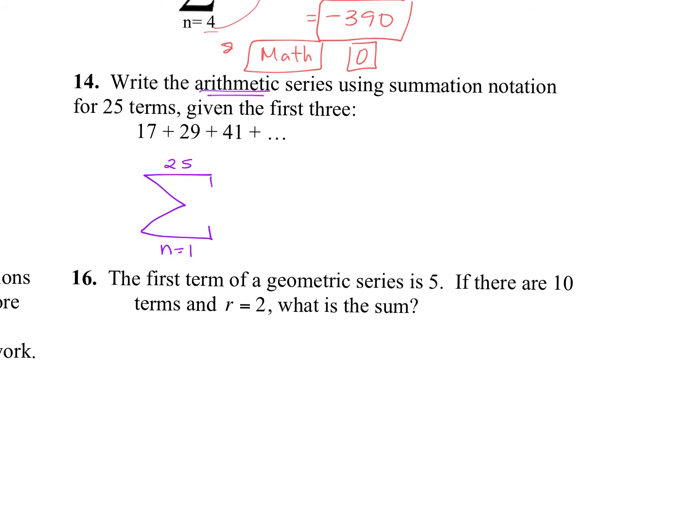Looking here, 17 to 29 was plus 12, and 29 to 41 is plus 12. Remember, you can figure out that number by taking the second number minus the first number, or the third number, 41, minus the second number. Each time you get 12, so you're adding 12.